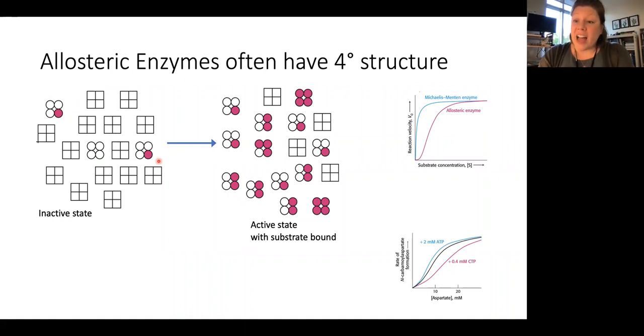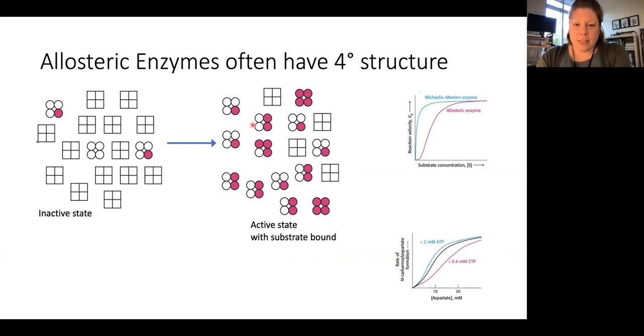However, if we're in a higher substrate concentration environment, you can see that anybody who is bound to the substrate now has converted into this shape of an active enzyme. That is, you can't remain in the inactive state if you're binding the substrate. You can be in the active state without binding the substrate, but you can't be in the inactive formation if you've bound the substrate.